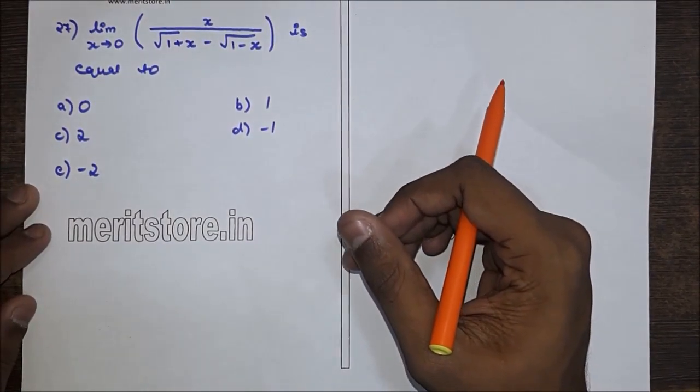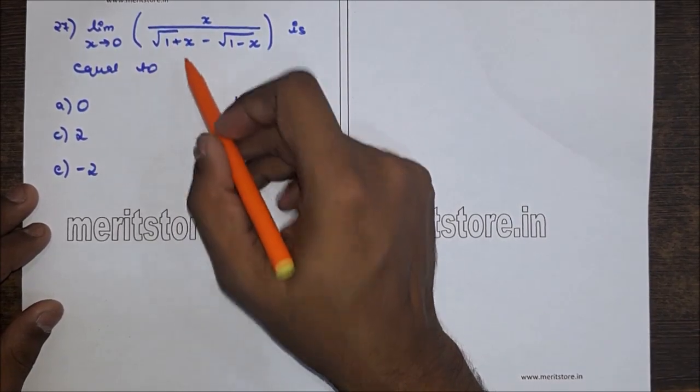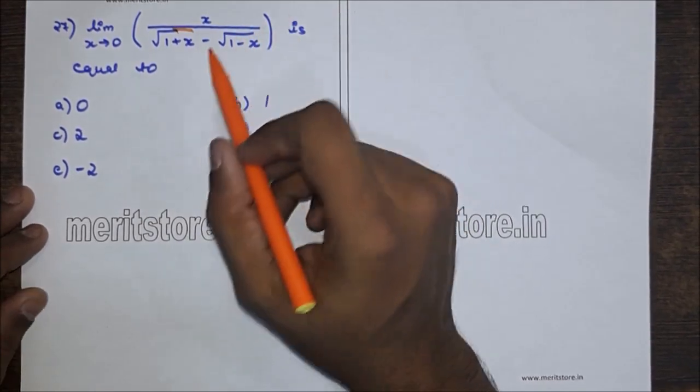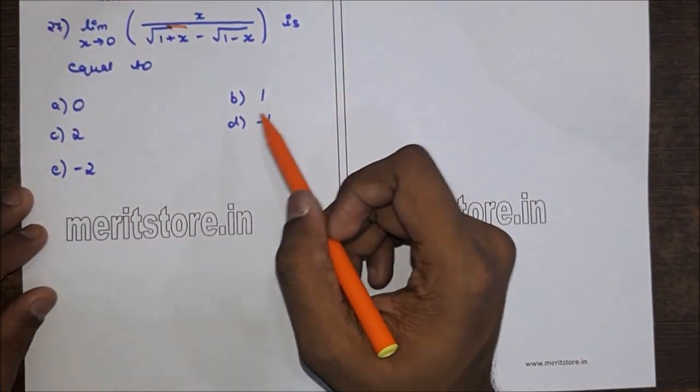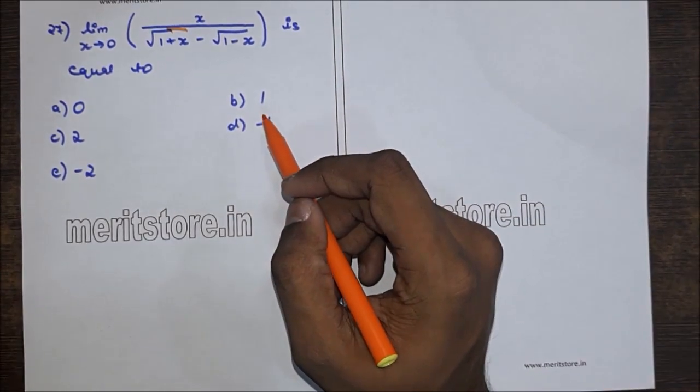Limit of x tends to 0, x by root of 1 plus x minus root of 1 minus x is: a 0, b 1, c 2, d minus 1 or e minus 2.